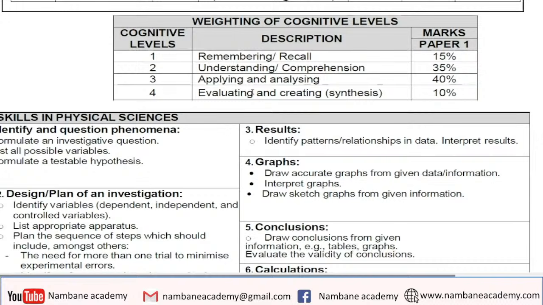So from this table, learners must recognize that you cannot fail because of the high order questions, because they will only constitute 10% of the 150. No learner can say they have failed because of high order questions. Even as teachers, we need to train our learners on how to answer a question paper.